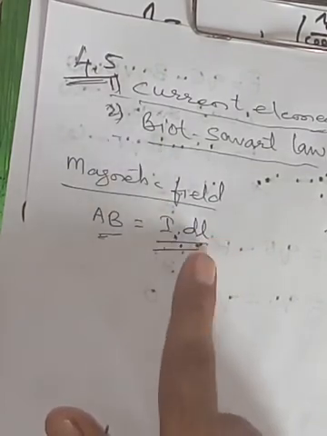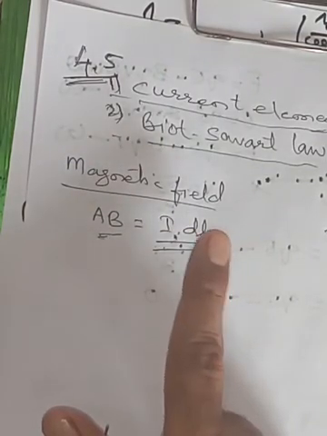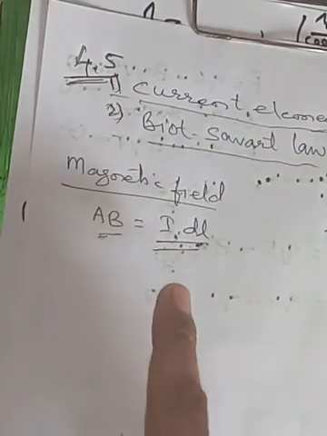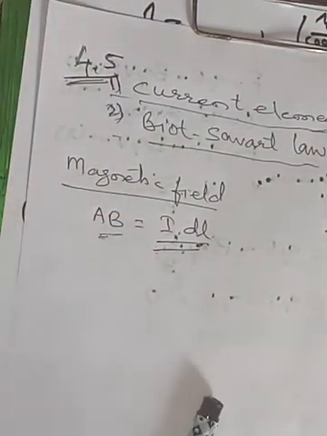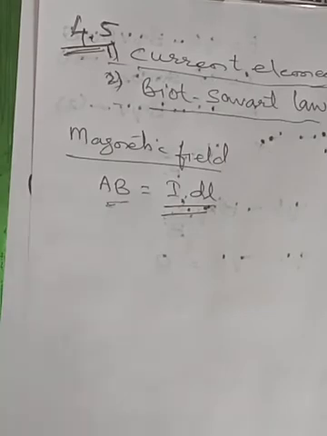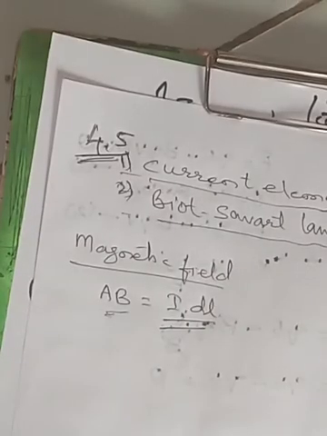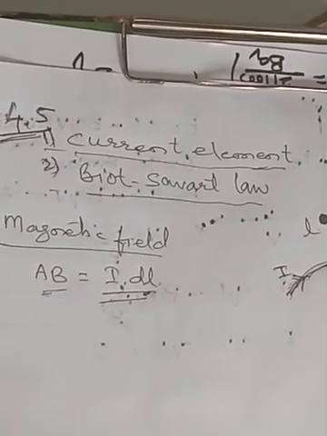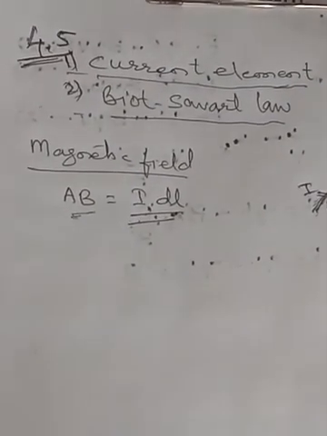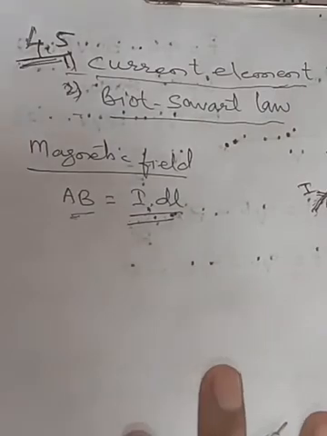So the current element is the product of current and the length of the small segment of the wire. This current element is taken as a vector quantity and its direction is the same as the direction of current. Clear? So this is our current element.